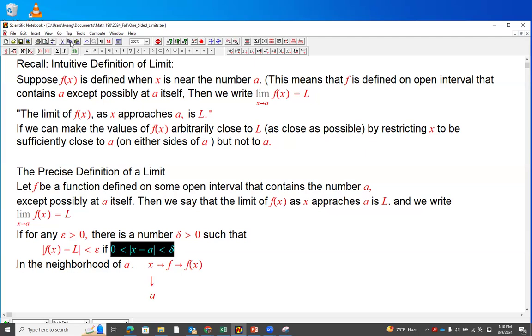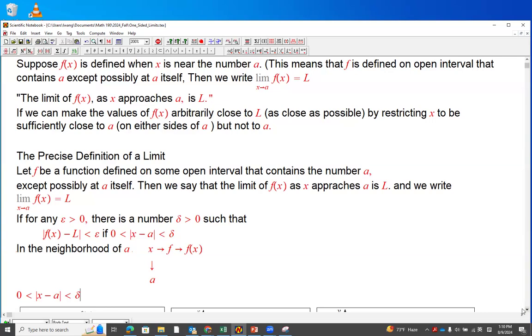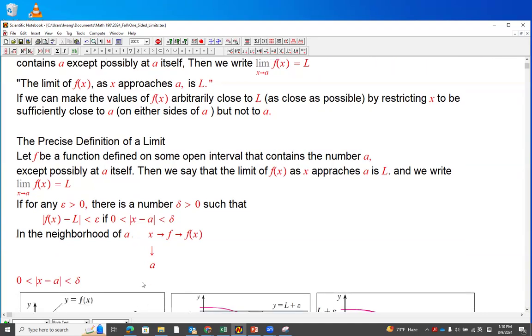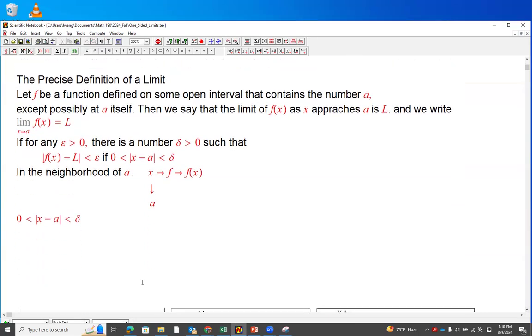So how do we interpret this neighborhood? I'm going to show you the graph a little later. So let's look at the mathematics. The absolute value of x minus a less than delta. Let's first work on this part. Then you may ask, how about the less than zero, greater than zero part? We're going to take care of that part later.